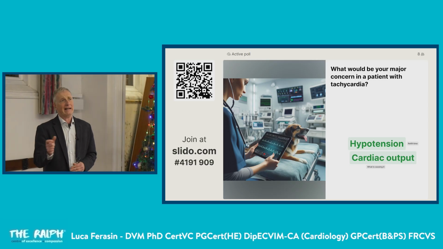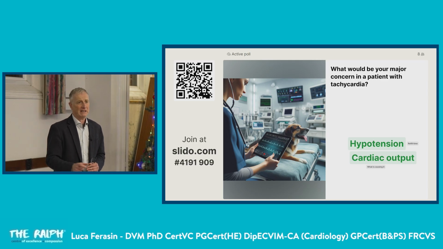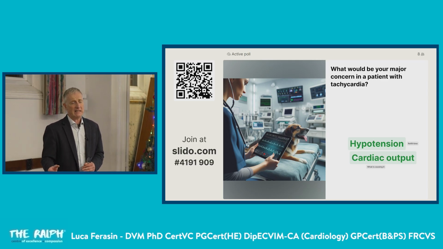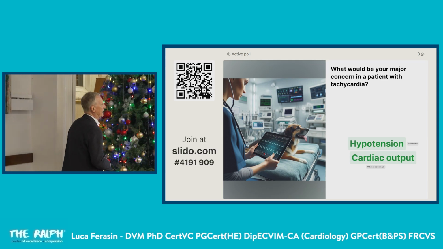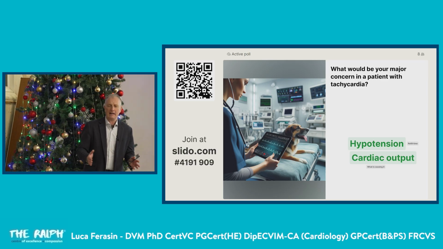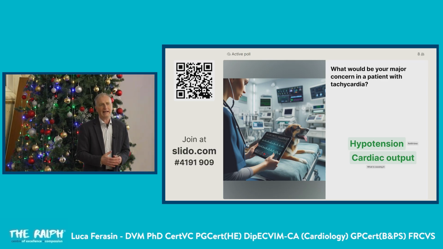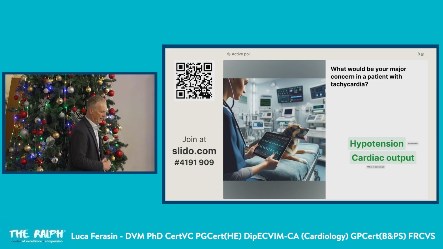To be honest, cardiac output and hypotension are strictly related because blood pressure is the result of cardiac output times the total peripheral resistance. So if we keep the total peripheral resistance the same, then obviously cardiac output would be the major factor. Very good, very good.